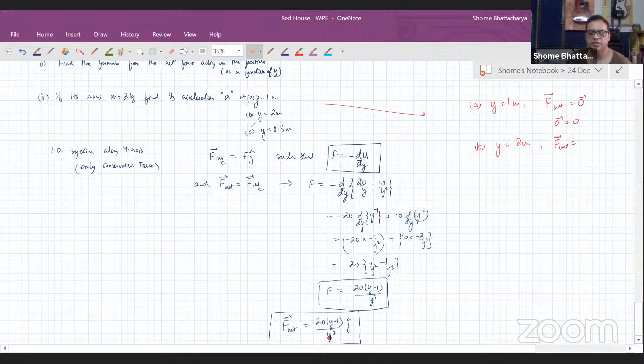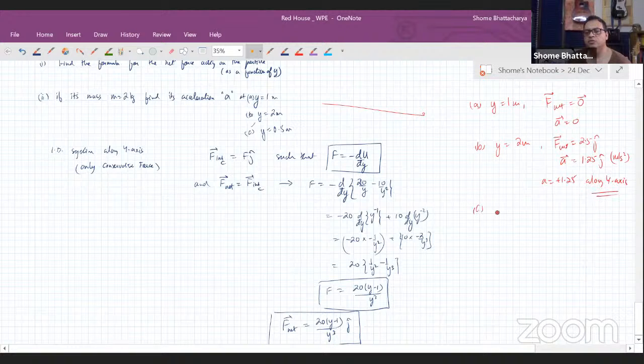So that's 20 by 8, so that is 2.5 j cap. So the acceleration will become 1.25 j cap in meters per second square, or you can say the acceleration is plus 1.25 along the y-axis.